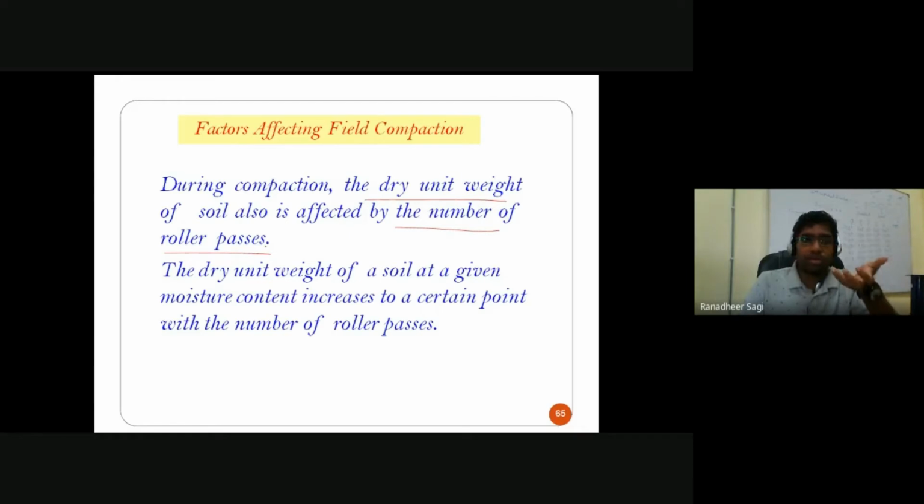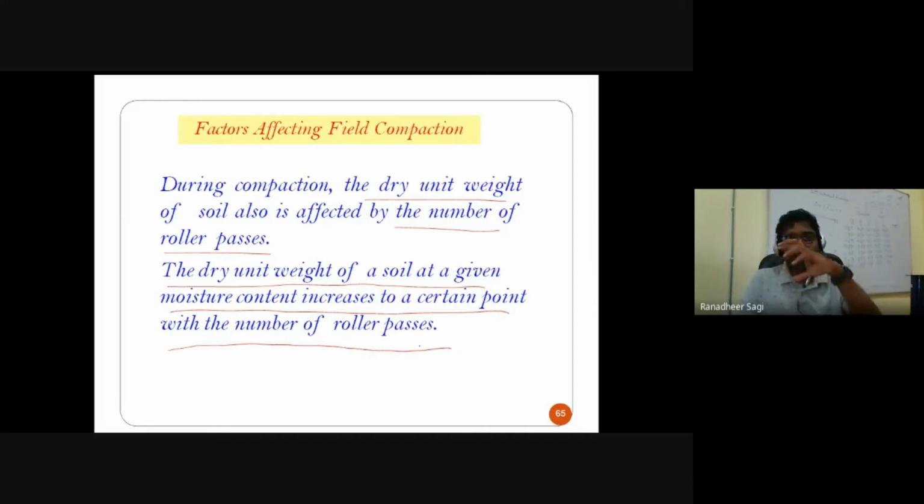The amount of compaction you achieve depends on the number of times the roller passes over the surface of the soil layer being compacted. The dry weight of a soil at a given moisture content increases to a certain point with the number of roller passes.